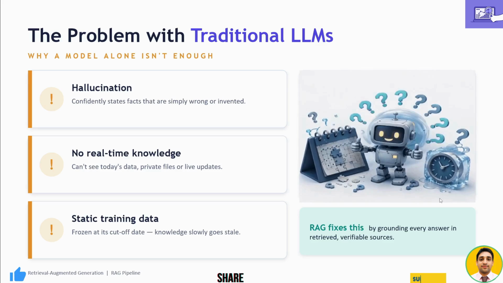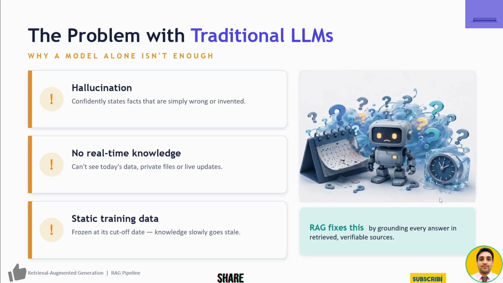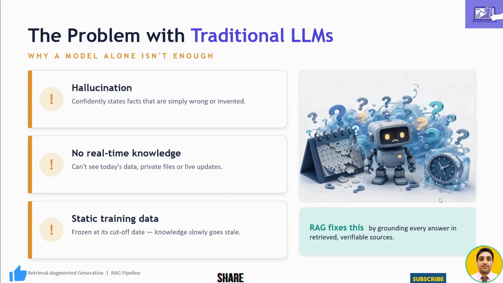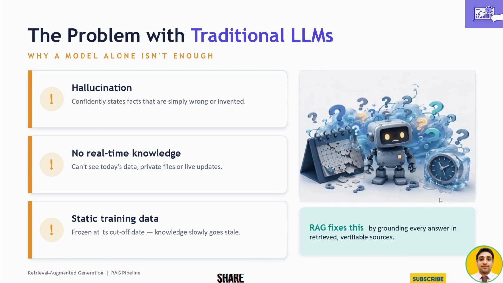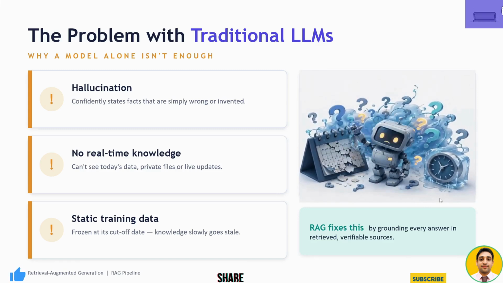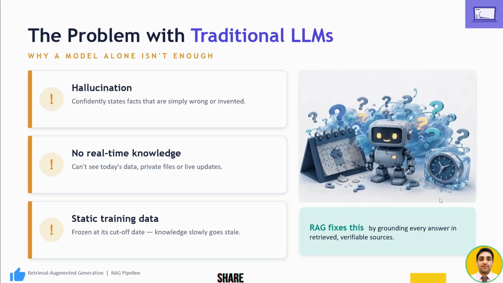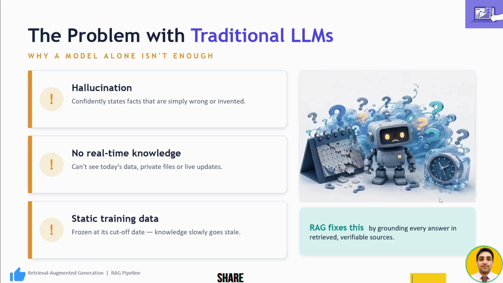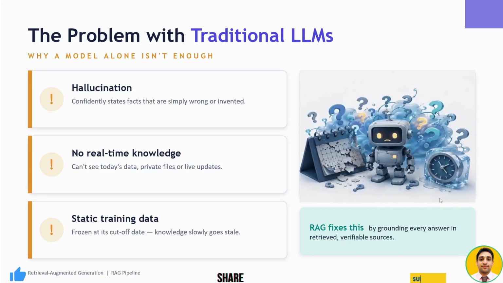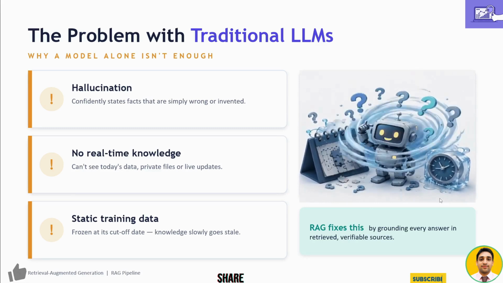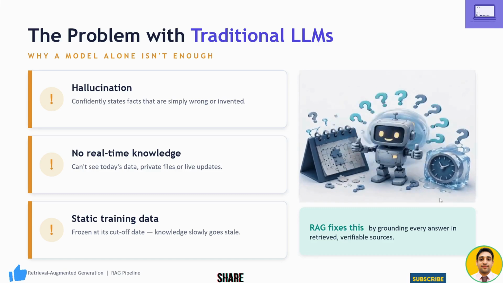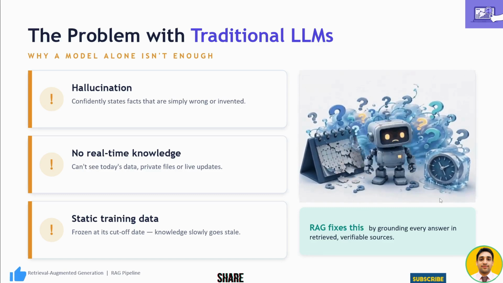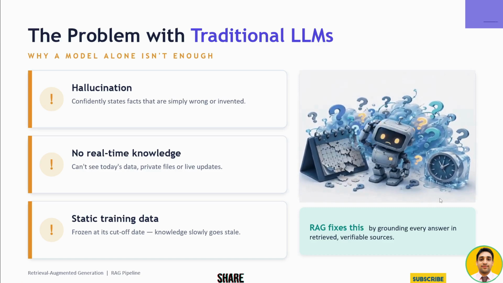This is when a model confidently states facts that are wrong or completely made up, because the model is essentially predicting the most statistically likely next words based on patterns it learned during training. It doesn't actually know if something is true. It just knows what sounds plausible. This becomes a serious problem in situations where factual accuracy really matters, such as legal or medical contexts.